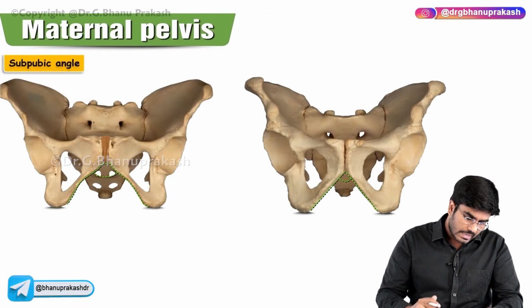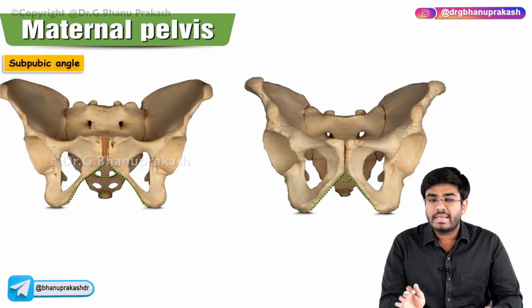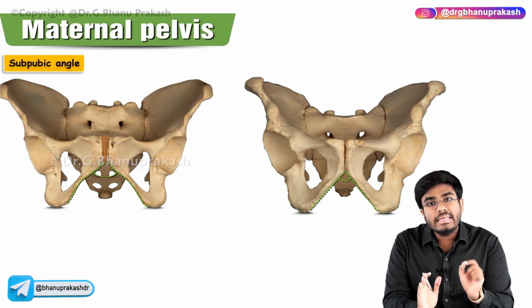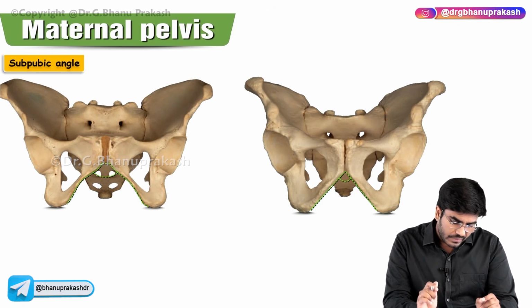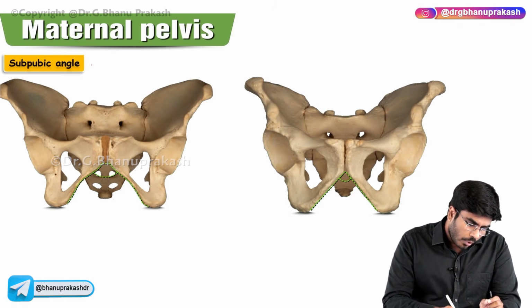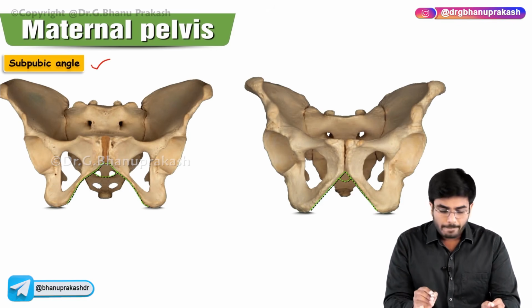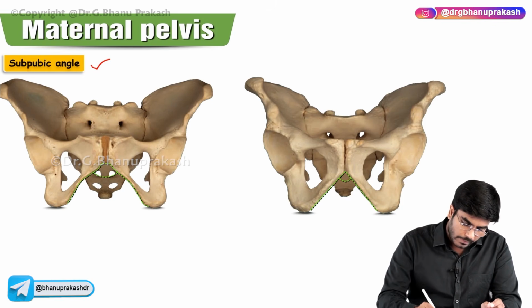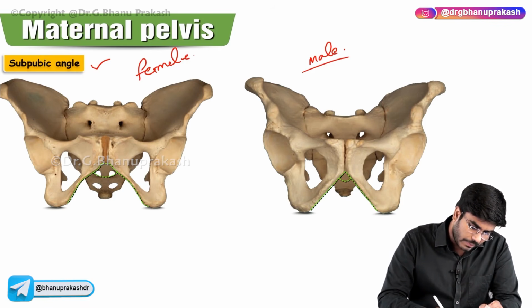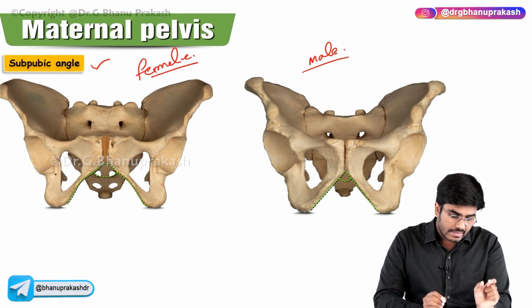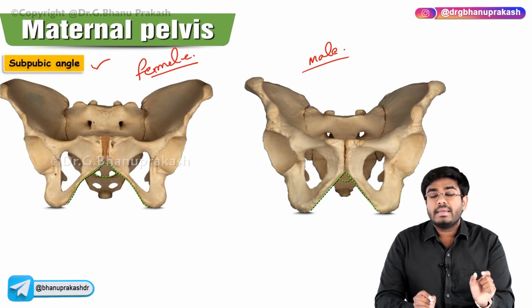Now, after this, let's talk about the subpubic angle. Guys, we have completed inlet, cavity and outlet. Now, let's see the importance of the subpubic angle. When compared to the male pelvis, the female pelvis has a more obtuse subpubic angle.